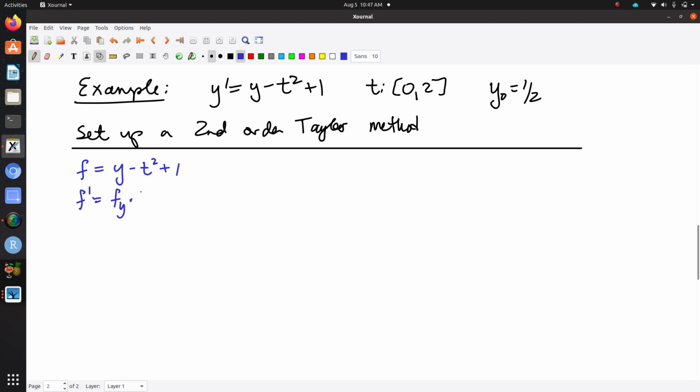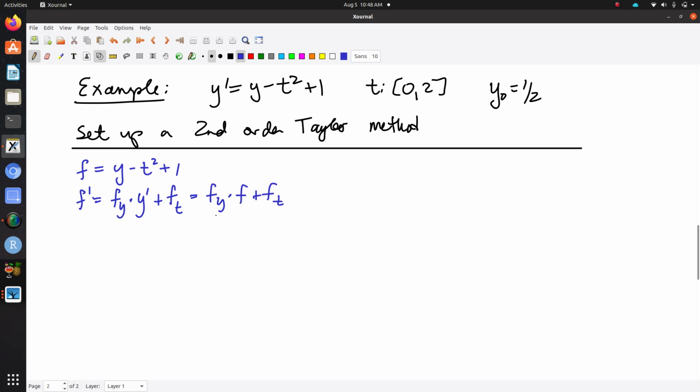The partial of f with respect to y, times the derivative of y with respect to t, and then we're going to need the partial of f with respect to t. Okay, but we already have y prime, because y prime is actually f. Okay, so this kind of looks like circular reasoning, but it isn't really. And then let's go ahead and figure out what that is.